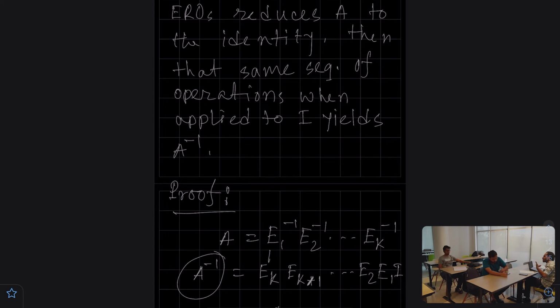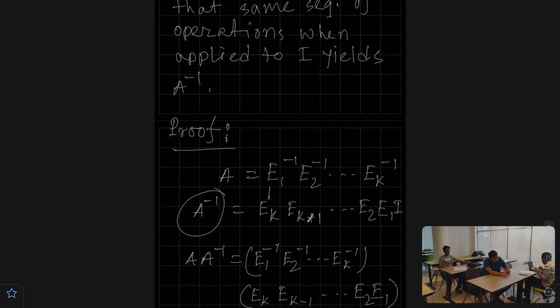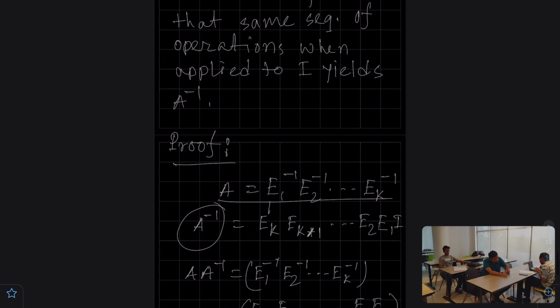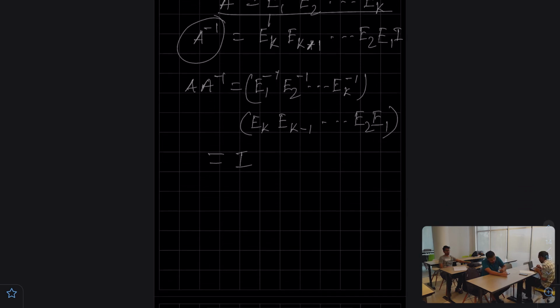So I am doing what? So A, if you apply, so you see this line. So how did you get identity matrix from A? You have to apply first E1, then E2, right? So the idea is how can you get identity from A?